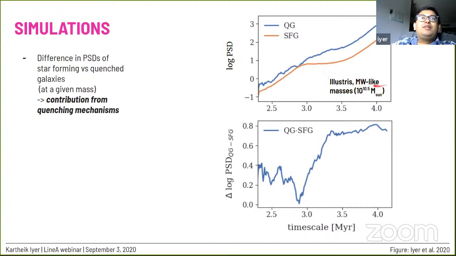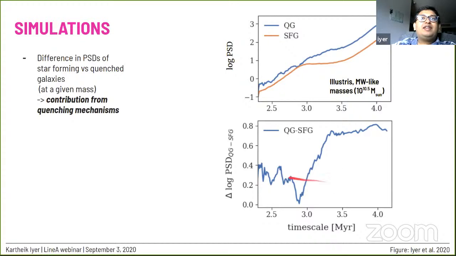So for this single plot, you notice that for the Illustris simulation, for reasonably massive galaxies, the quiescent galaxy population has a lot more variability on almost all time scales. And if you take the difference, then you can figure out that, okay, this is the extra power that must be coming from whatever processes are responsible for quenching galaxies in the simulation at this mass.